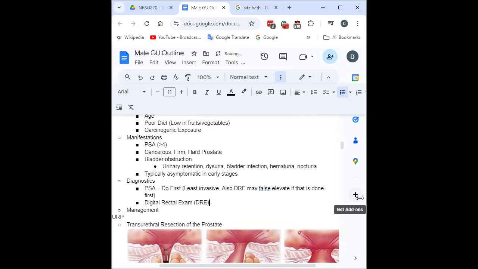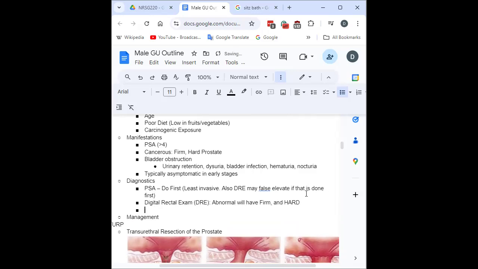We mentioned that men, when we get above 40, typically want to start getting those done. And with the DRE, you're going to see normal versus firm and hard. So yeah, transrectal ultrasound, the TRUS, and needle biopsy.